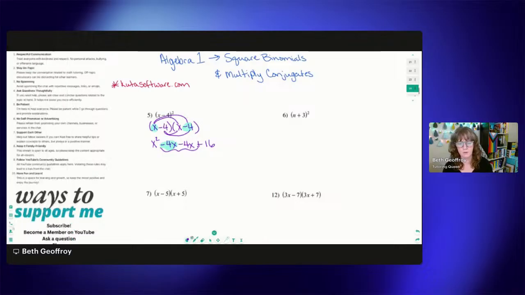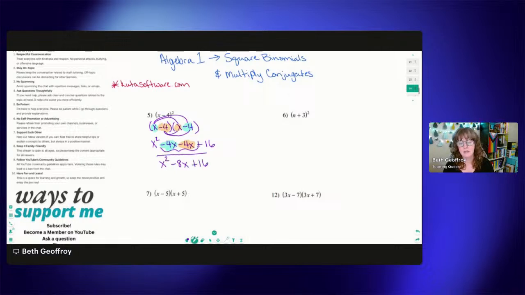And then this one came from multiplying negative 4 times x. So we'll talk about that more in the next problem that we'll do, but this pattern does always happen. So then we just need to simplify this, and then negative 4x minus 4x will give us negative 8x, and then plus 16.